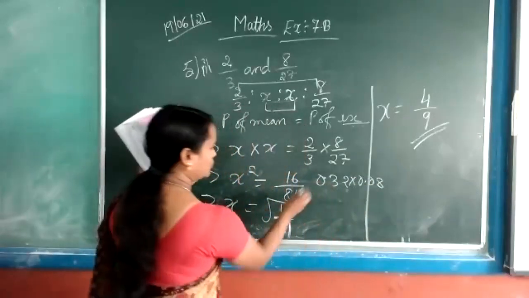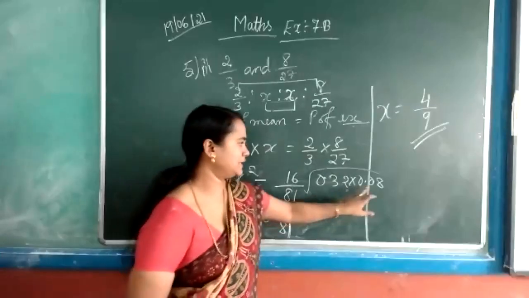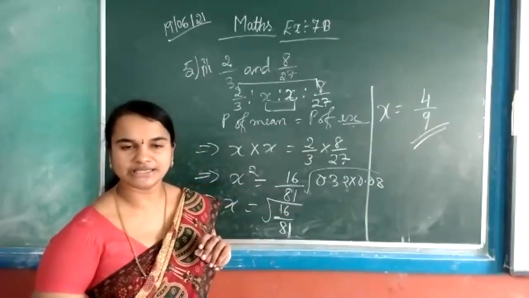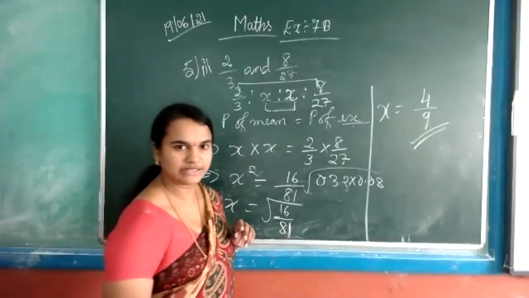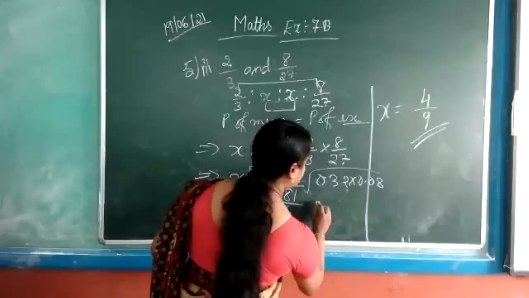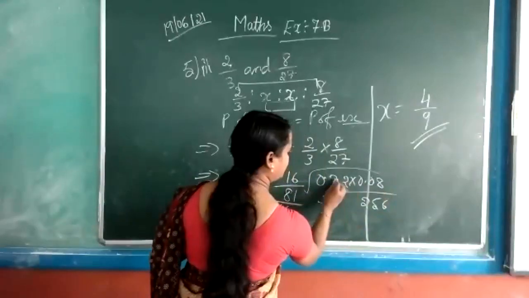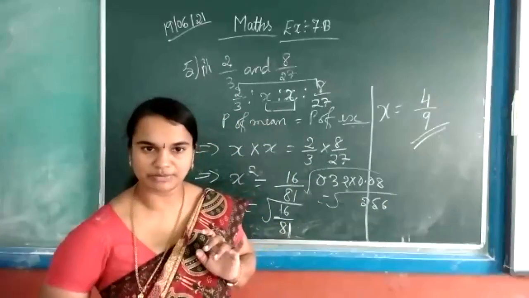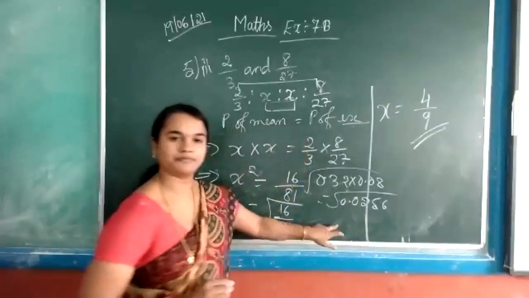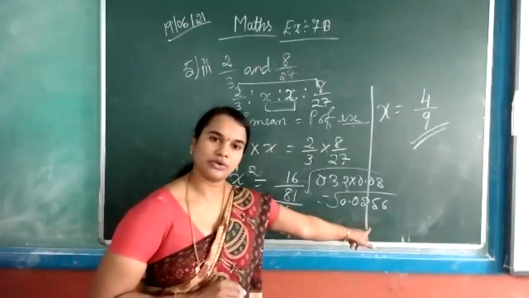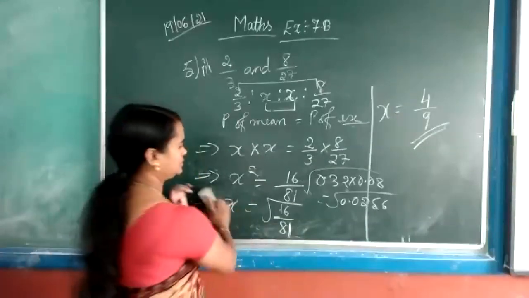When it becomes under root x, we are removing these two parts. Multiply 32 into 8, 256. Now you see, after 4 digits we have to put the decimal point. Now find out the square root of 256. Clear? Understood? Okay, ma'am.